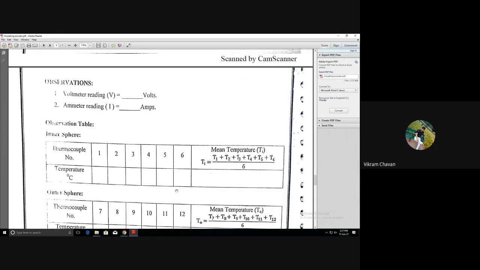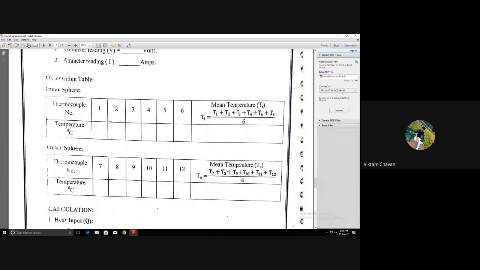If it is matching, then that reading will be your final reading, because the temperature is not changing with respect to time. If the reading from 10 minutes before matches the next reading, then we can say that we have achieved the steady state, and that final reading will be considered for the calculation purpose.